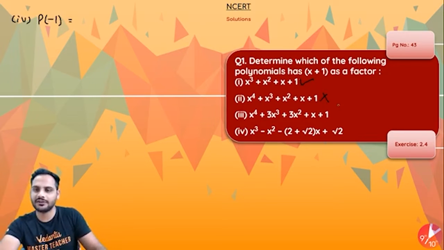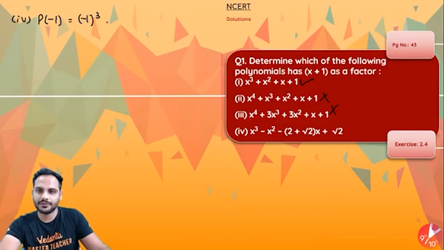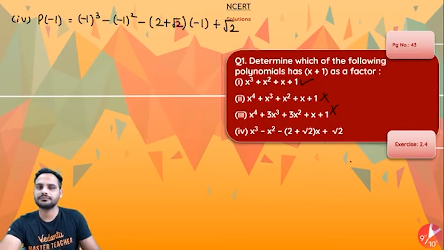we have got first one is a factor, second one is not, third one also is not. The fourth one will be minus 1 cube into then minus of minus 1 square. Look, negative is outside the x square, so minus, and x is minus 1, so minus 1 square, minus 2 plus root 2 into x, which is minus 1 plus root 2. Got it?